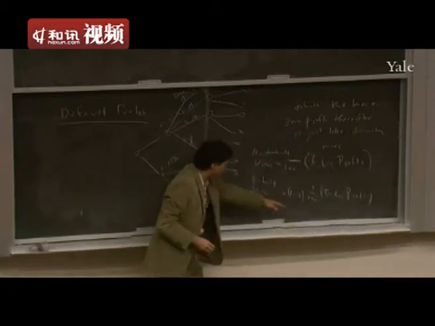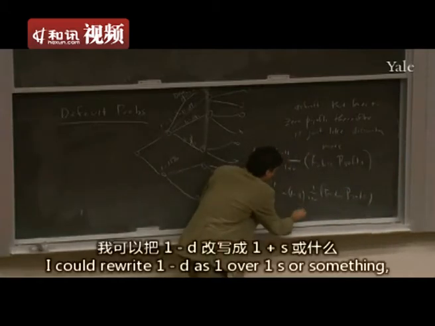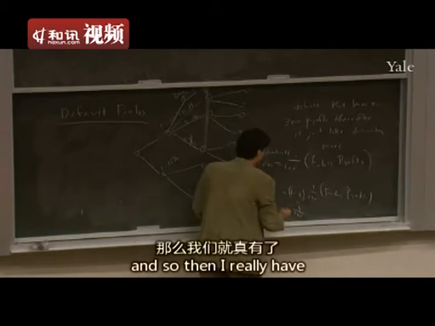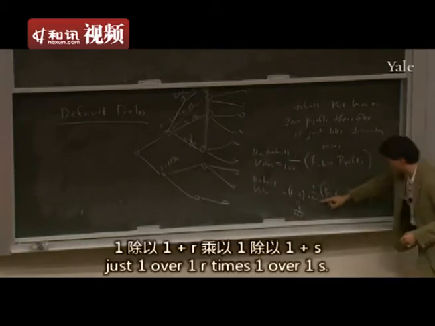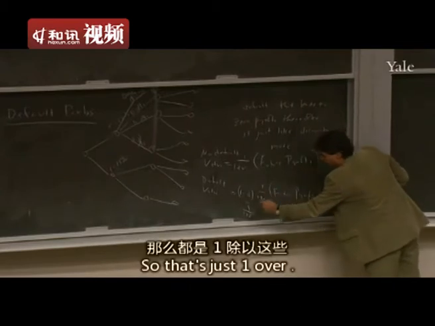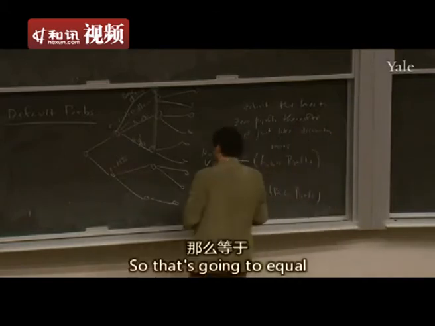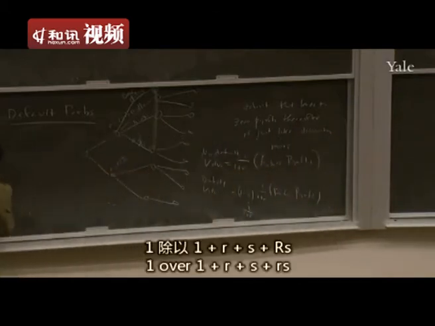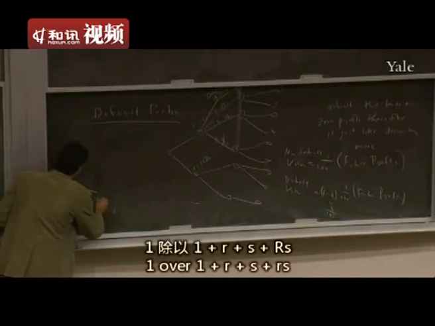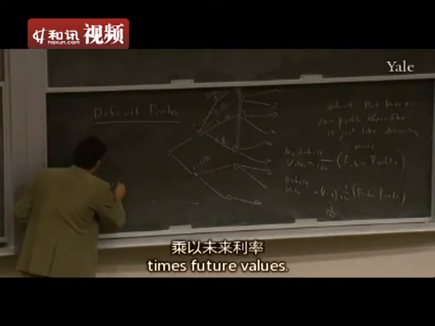But I could always rewrite 1 minus D as 1 over 1 plus S or something. And so then I really have just 1 over 1 plus R times 1 over 1 plus S. So that's just 1 over 1 plus R plus S plus RS, times future values.